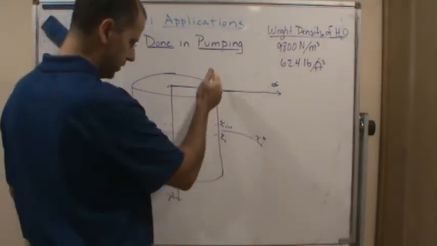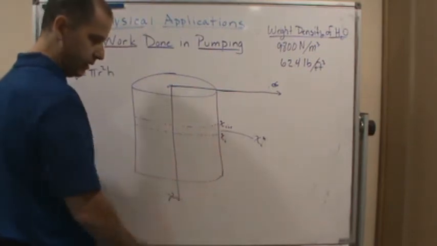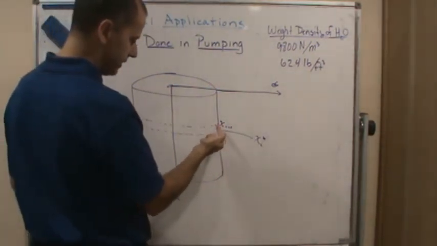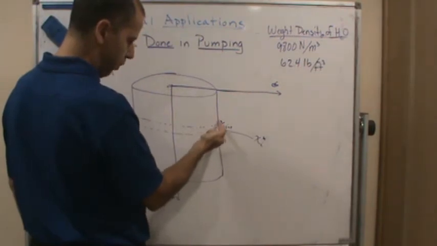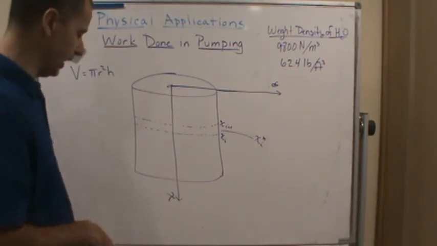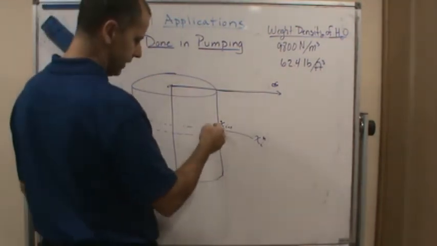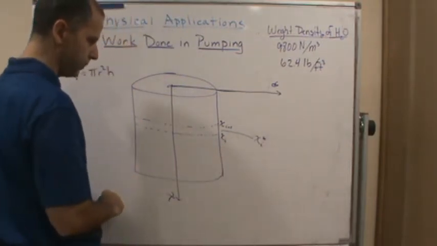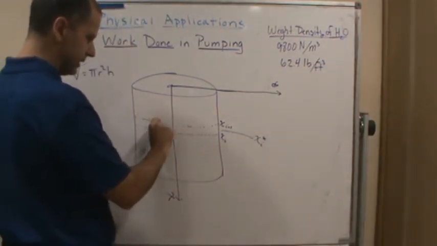So if we partition our tank vertically, the amount of water we're moving is represented by these partitions, right? So we're partitioning the line, and we're going to take a very thin disk from x sub i minus 1 to x sub i.